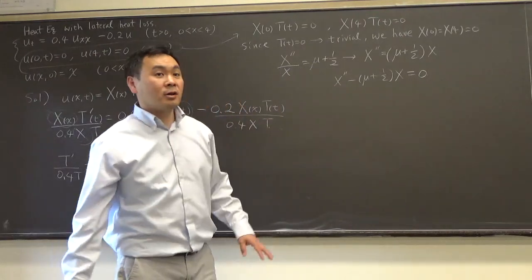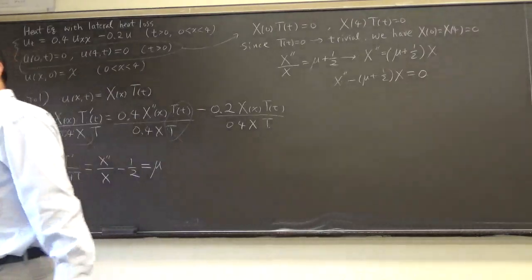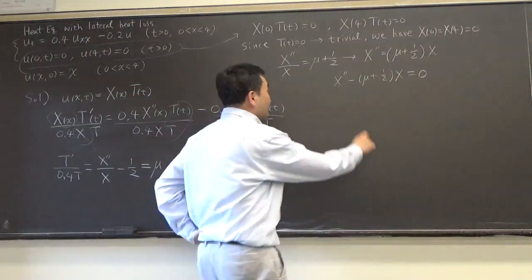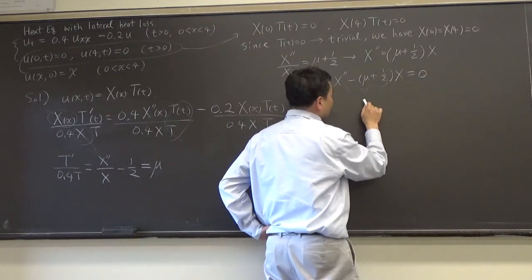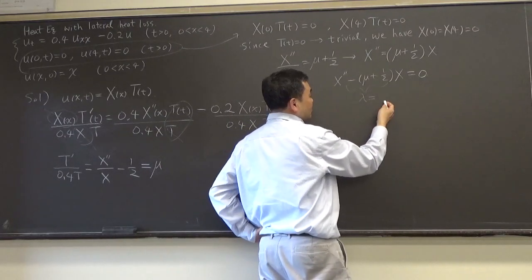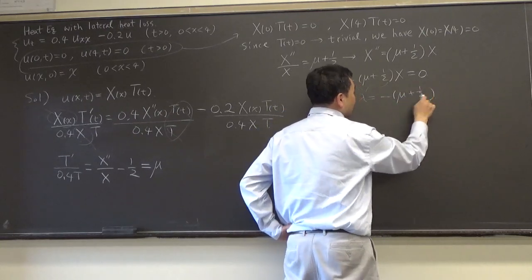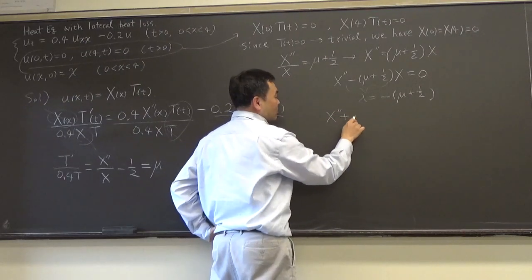So you get this equation with these boundary conditions, which would be very familiar if this was lambda instead. So what we're going to do is say lambda is negative (mu plus 1/2), so that we get our Sturm-Liouville equation.